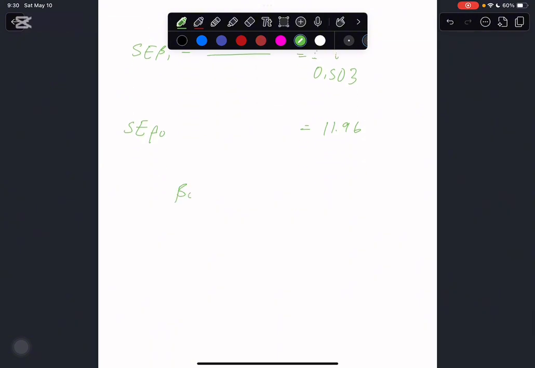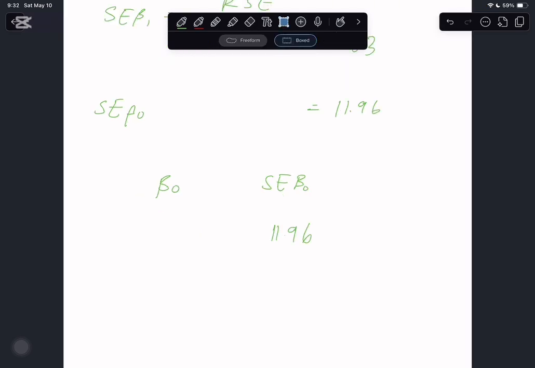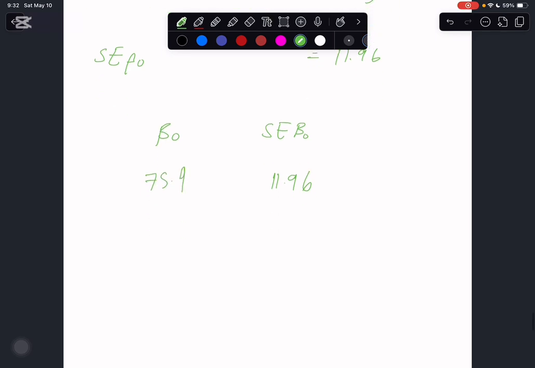Then we're gonna compare the B0 and the standard error of the B0. The standard error of B0 came out as 11.96 and the B0 came out as 75.9. The B1 came out as 4.6 and the standard error of B1 came out as 0.503. What was the condition?